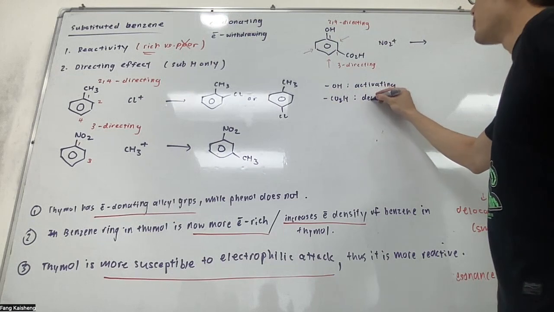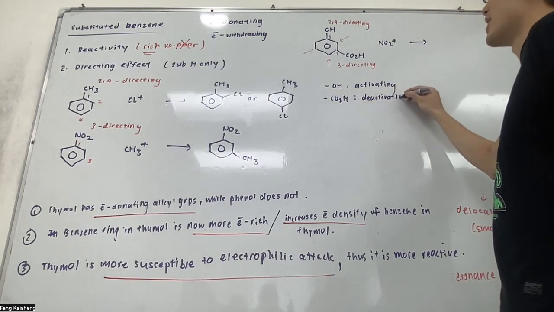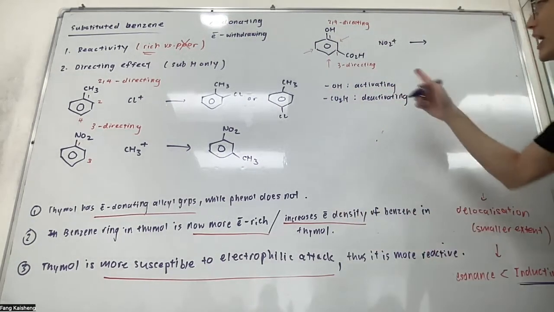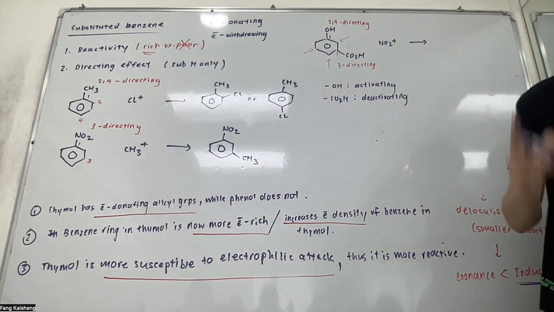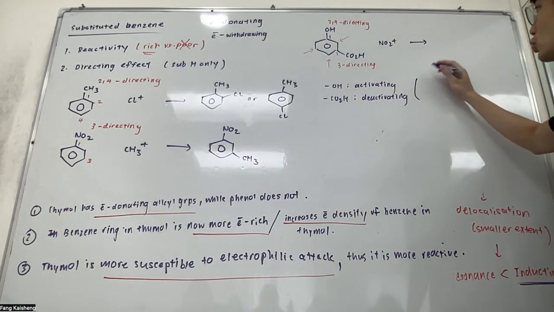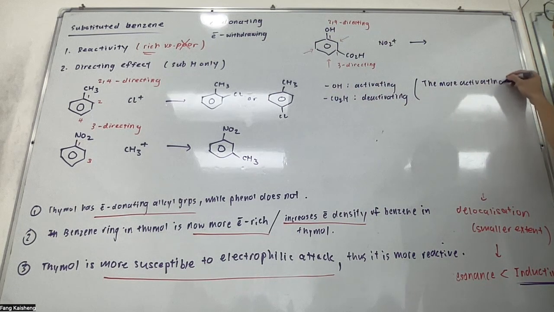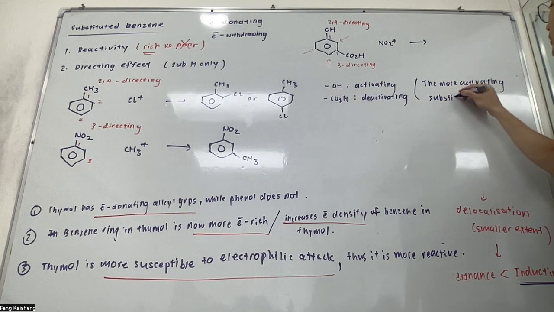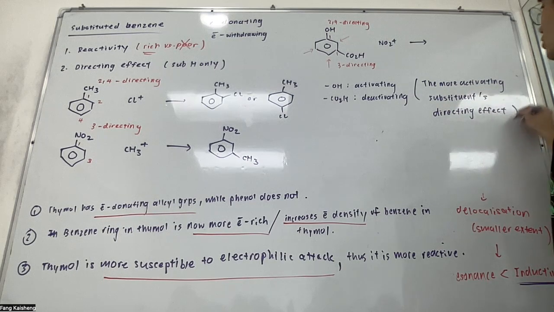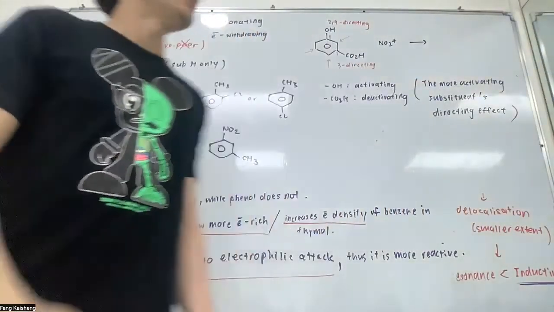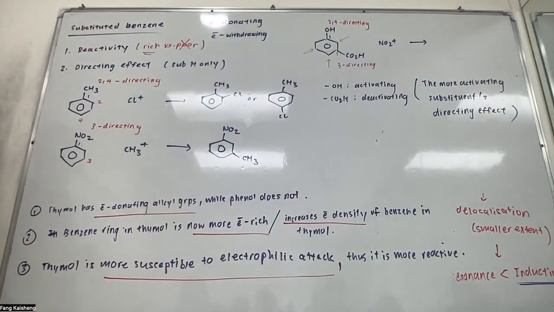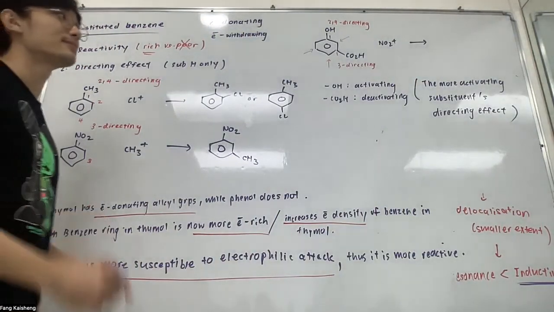At this point, it's all about listening to the one with more influence. Whenever there are conflicting positions, always listen to the activating substituent. So the rule is this: the directing effect must follow the more activating substituent.